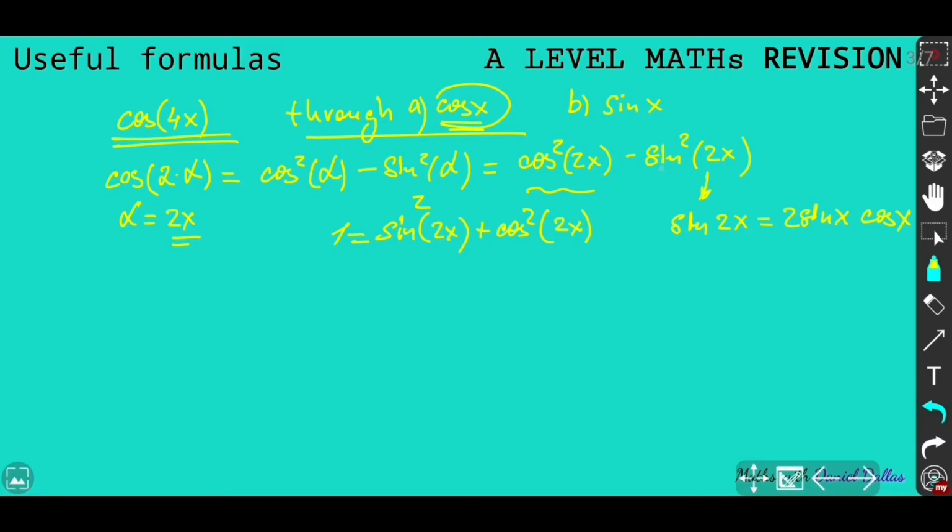From here, because you want to stay with cos x, let's express sine squared from here. So sine squared of 2x is going to be equal to 1 minus cos squared 2x. And right now, if you plug it in here, let's do that. Cos 4x is going to be equal to cos squared and minus cos squared again.